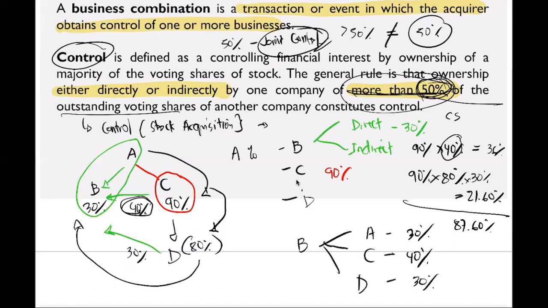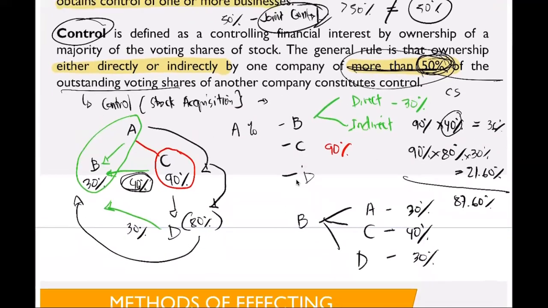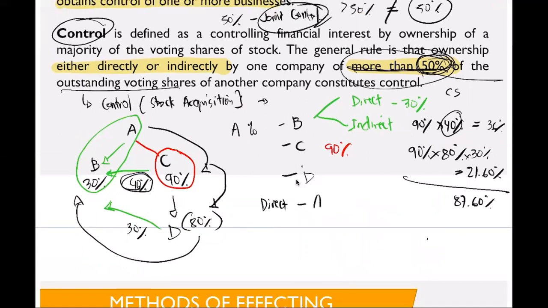Okay? So we have here direct and indirect. So that you will understand it again, for the direct, what do we have? A owns B at 30%. For indirect, A owns C at 90% and C owns B at 40%.